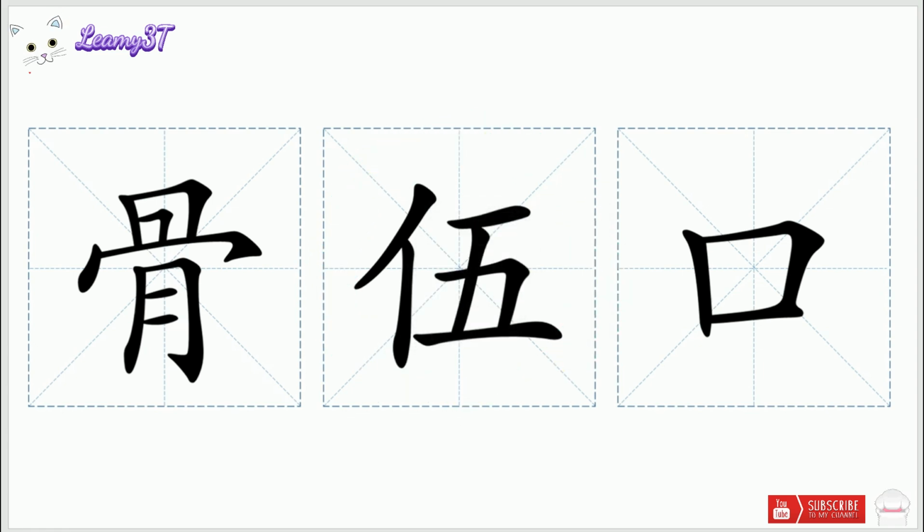Let's check. 横折, 横折, 横折, 横折. Have you found everyone?